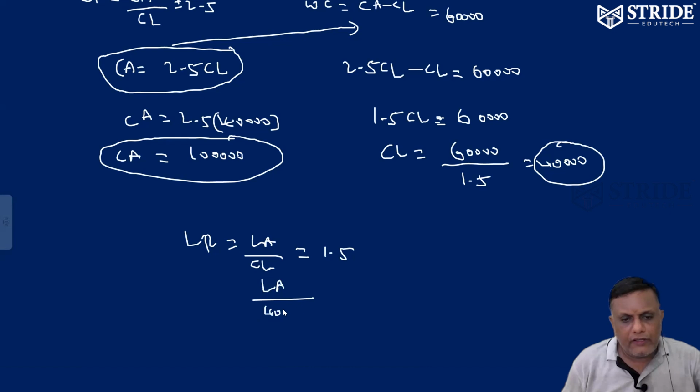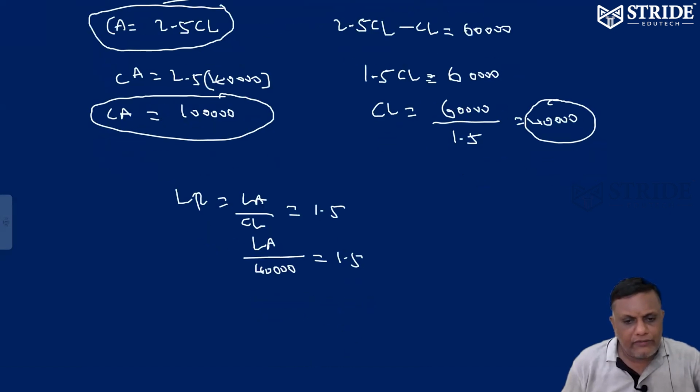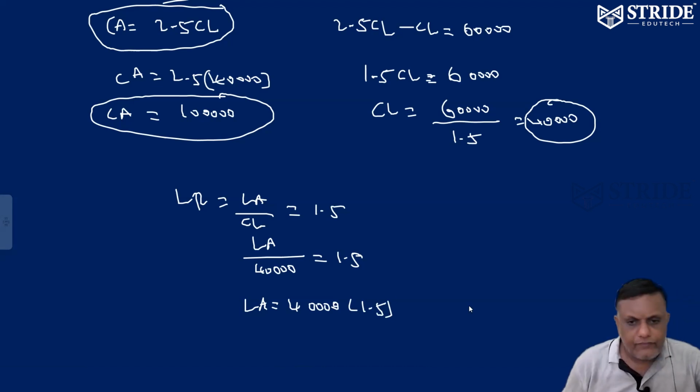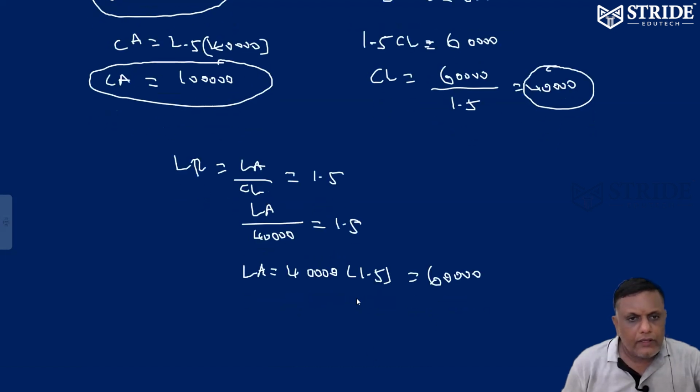So current liability 40,000, that is equal to 1.5. Liquid asset equal to 40,000 into 1.5, that is equal to 60,000. Liquid asset 60,000.